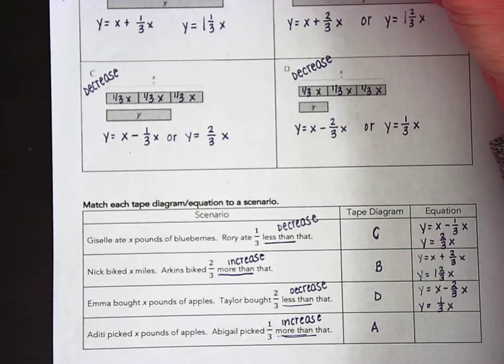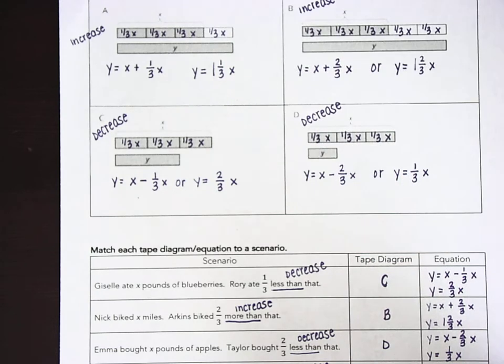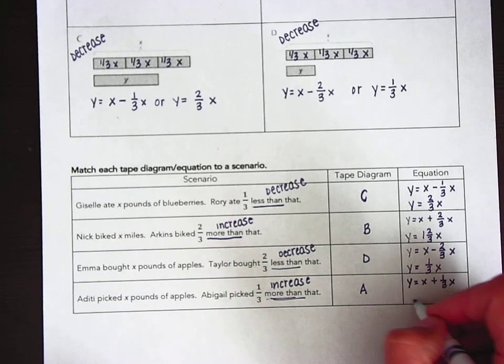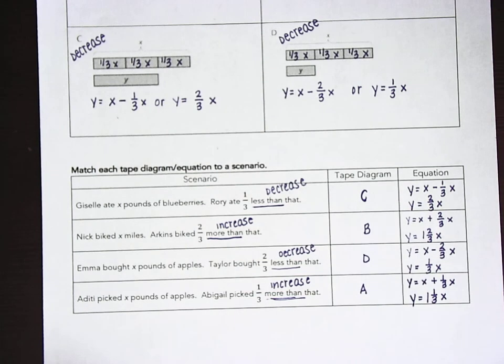So we're adding 1/3 to X, which we see in our tape diagram up here. And the equation Y is equal to X plus 1/3 of X tells us that Abigail picked what Aditi picked plus 1/3 of what Aditi picked. Or we can say that Abigail picked 1 1/3 of the amount of apples that Aditi picked.